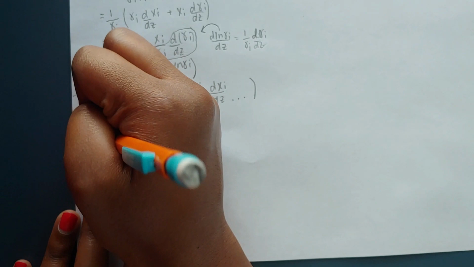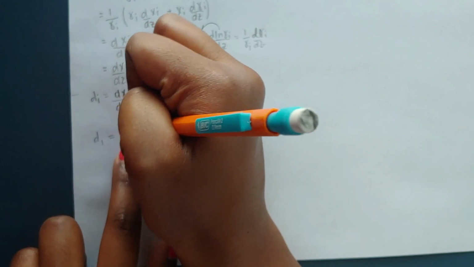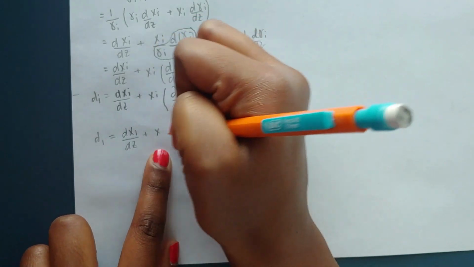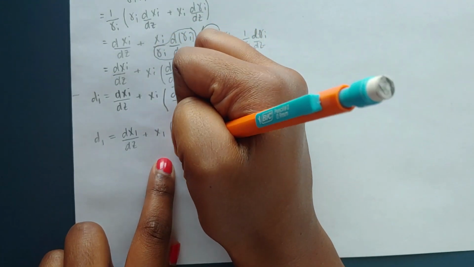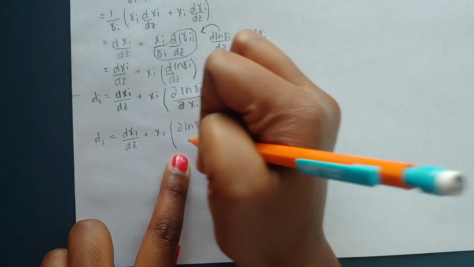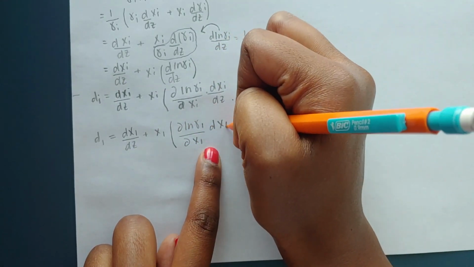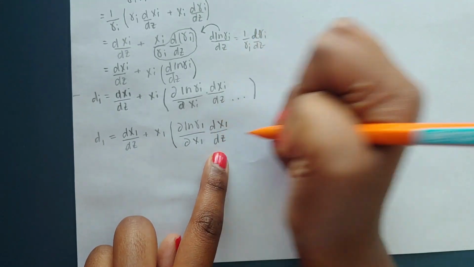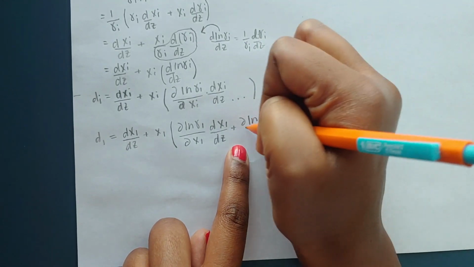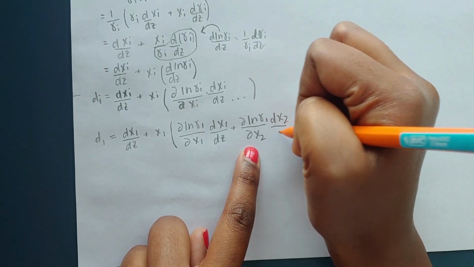What that would look like is that for component 1, we would have dx1 over dz plus the mole fraction of the first component times the partial derivative of the natural log of the first component's activity coefficient, and how that's changing in terms of the first component, plus how the natural log of our first activity coefficient is changing with respect to the second component.